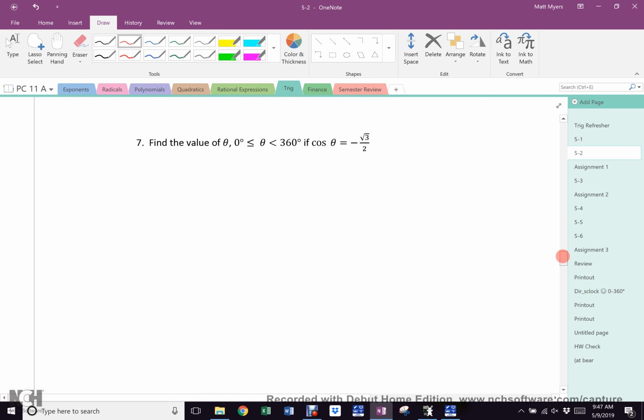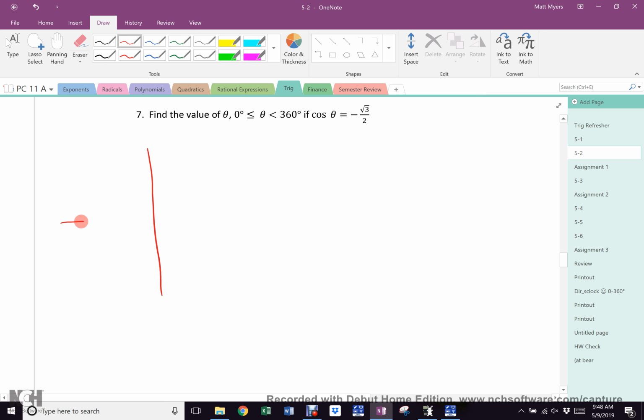Number 7. So, theta can only be between 0 and 360. Right? Okay, so this is the value. So let's have a look. Is cos positive or negative? Negative. So it has to start here because it's in standard position.